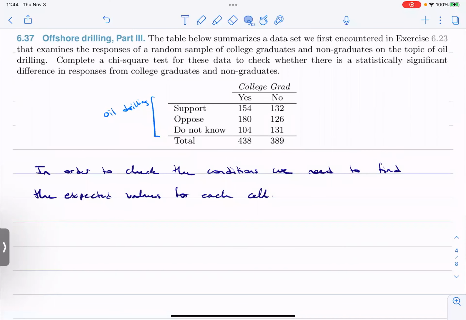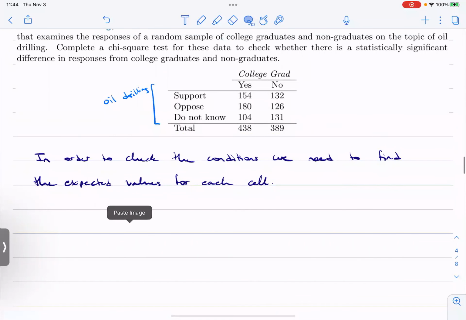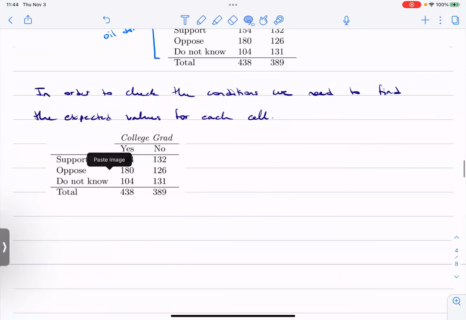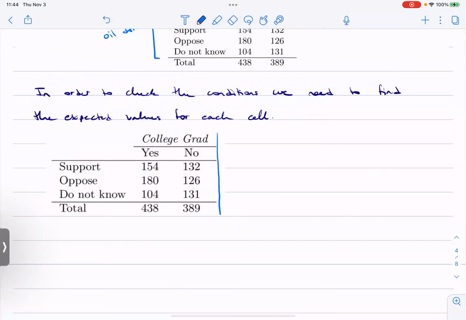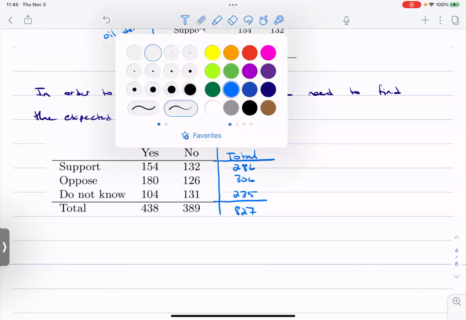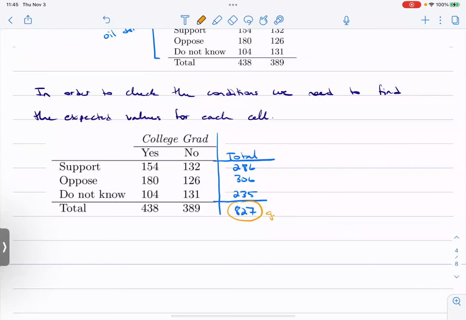So if we talk about this table, they gave us some of the totals, but not all of the totals. But we're going to need all of them. So we're going to need the totals at the end here, and I've got them: 286, 306, and 235. And then the grand total is 827.